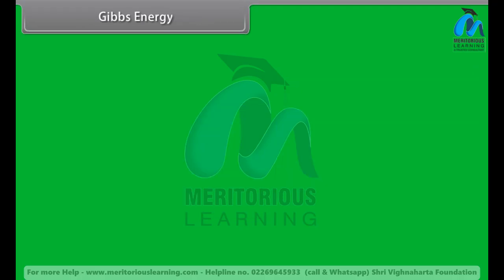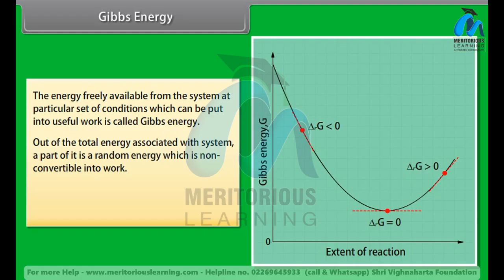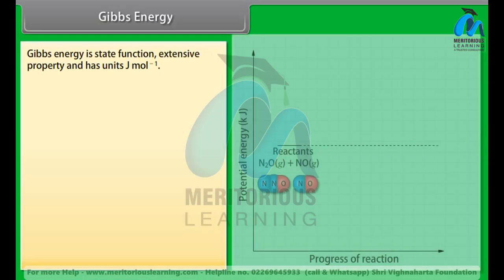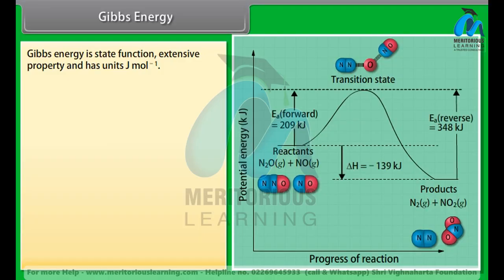Gibbs energy. The energy freely available from the system at a particular set of conditions which can be put into useful work is called Gibbs energy. Out of the total energy associated with a system, a part of it is random energy, which is non-convertible into work. The Gibbs energy can be represented as G equals H minus TS. Gibbs energy is a state function, an extensive property, and has units joule per mole.